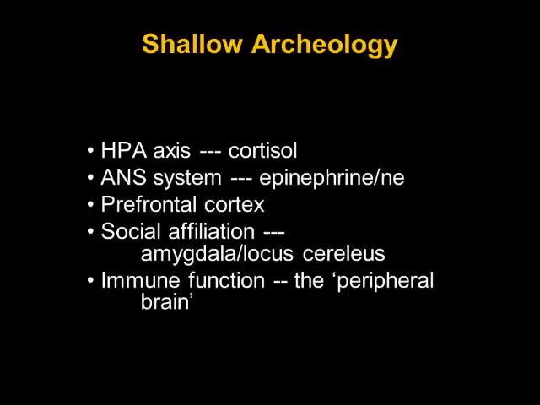There's a lot of work out there looking at how that axis and the expression of cortisol can be conditioned by experience and can change its function over the life course as a result of experience. Same with the autonomic nervous system and epinephrine. There's a lot of work there, and some of the best work has been done here in BC and in San Francisco. Third, the prefrontal cortex, the executive function system. We do see that by age 3 or 4, the executive function systems do function differently according to the quality of early nurturing environments.